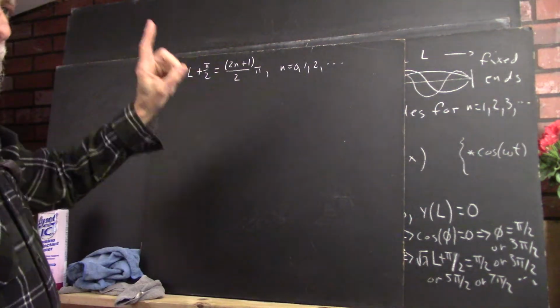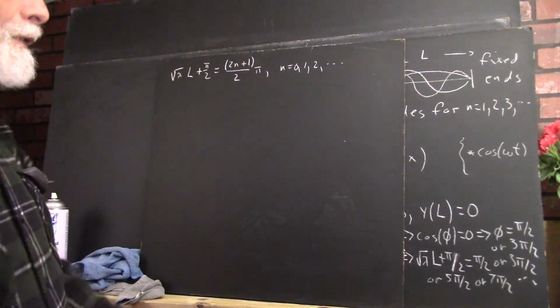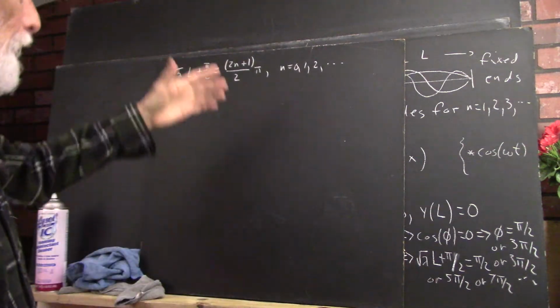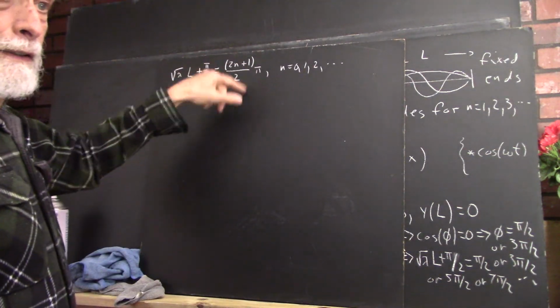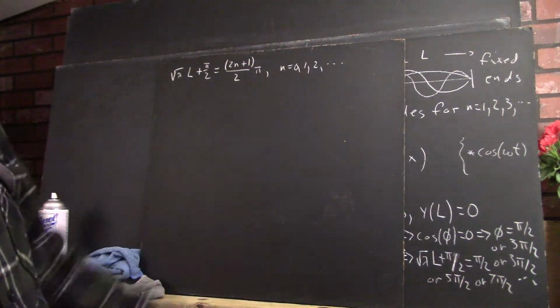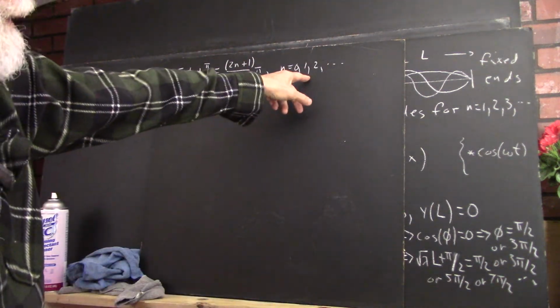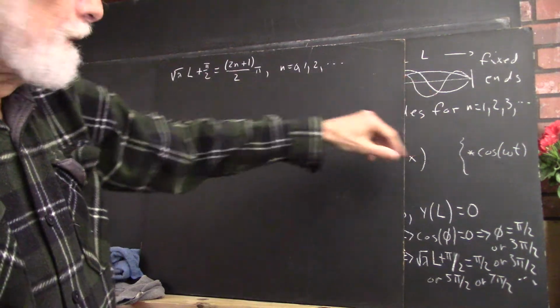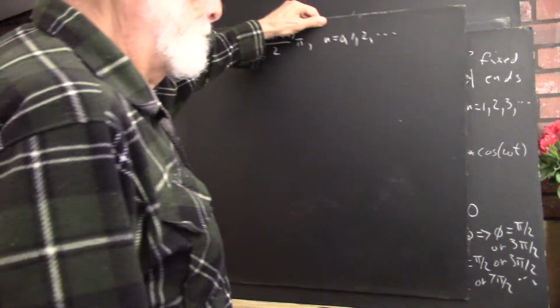If n is 1, 2n plus 1 is 3, so you get 3 pi over 2. n equals 2, you get 5/2 pi, and so forth. It could be any of these numbers. And of course, this number is going to determine which harmonic you got.